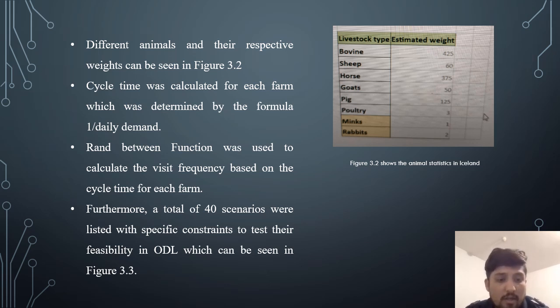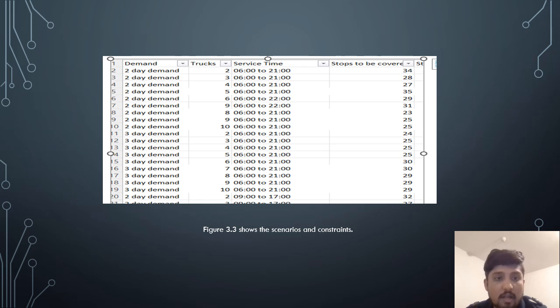Furthermore, a total of 40 scenarios were listed with specific constraints to test their feasibility in ODL, which can be seen in figure 3.3 on the next slide. These are all the scenarios which came out and how we planned to operate the animal collection routes. We were aiming at a 1 day, 2 day, or 3 day demand, and we simulated how many trucks we required, with service times from 6 to 22, and we also tested 9 to 5, that is 8 hours of driving.